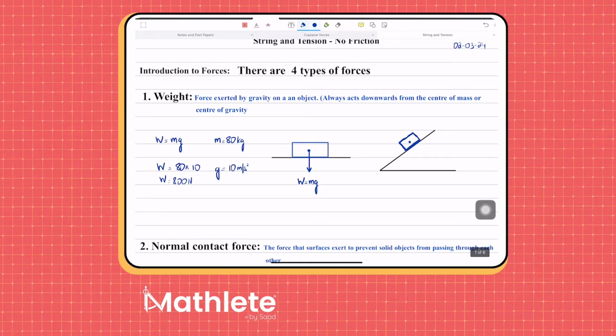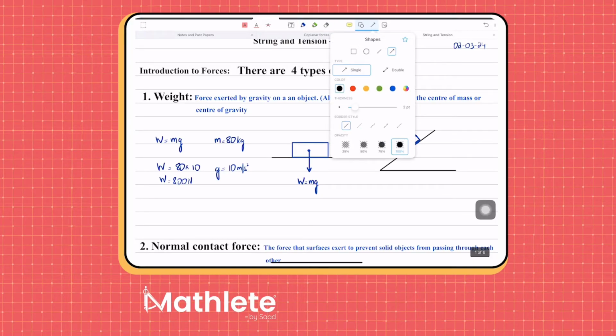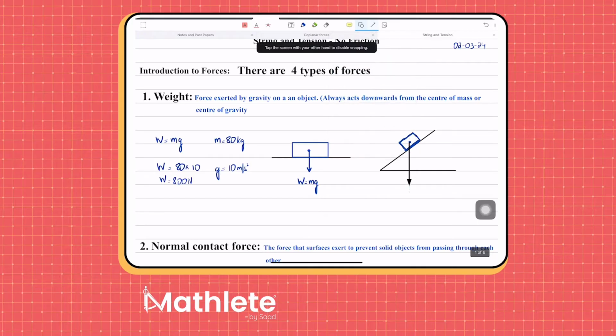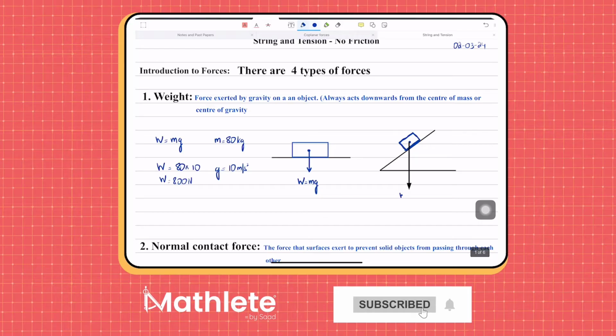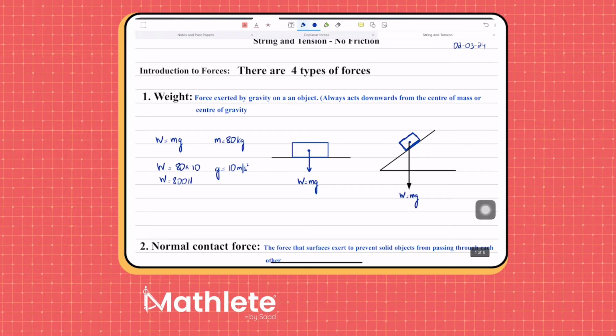So this is the center of the object, and from the center of the object, the weight will be acting downwards. So this is the direction in which the weight must be acting. And how will we work out the weight? The weight will be equal to W equals mg. And then later on we'll see how we break it down into two components. One is parallel to the plane and the other is perpendicular to the plane, but that part comes later.